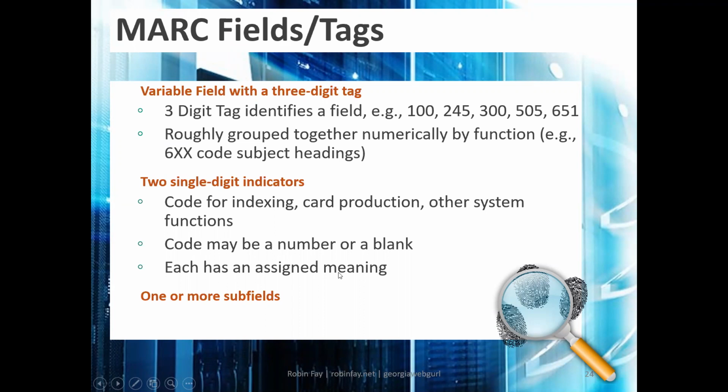And then you have your 3-digit MARC tag, and then your 2 single-digit indicators, first position, second position, indicator 1, indicator 2, first indicator, second indicator, whatever you call them. And these are where you get your codes for indexing, card production, other system functions.